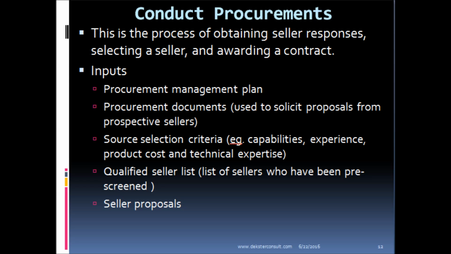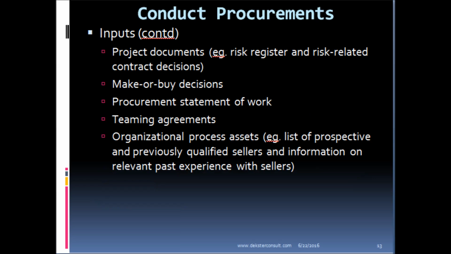Inputs will include our procurement management plan, our procurement documents, our source selection criteria, and then we could have a pre-qualified seller list and also our seller proposals that we'll be evaluating to select a seller. All are inputs to this process.